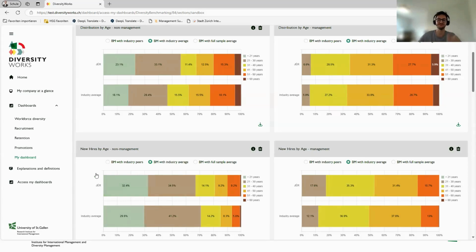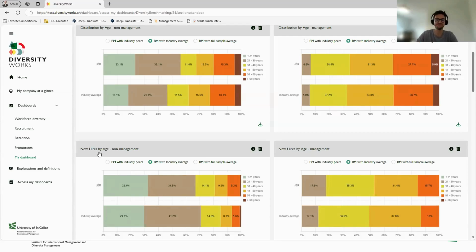The situation that the majority of people in non-management positions are under 31 is therefore intensified by our new hires this year. We see, however, that the industry average proportionally hires even more people younger than 31 in these positions.